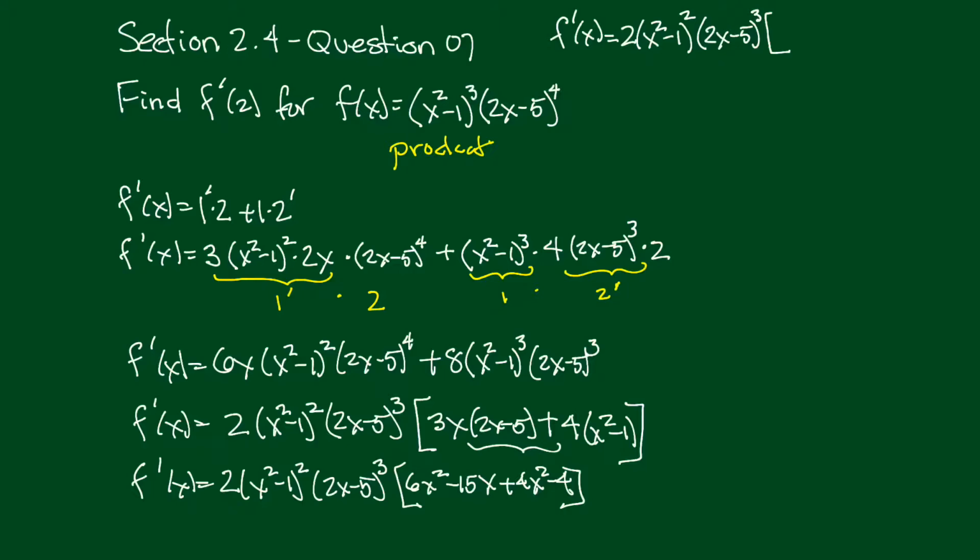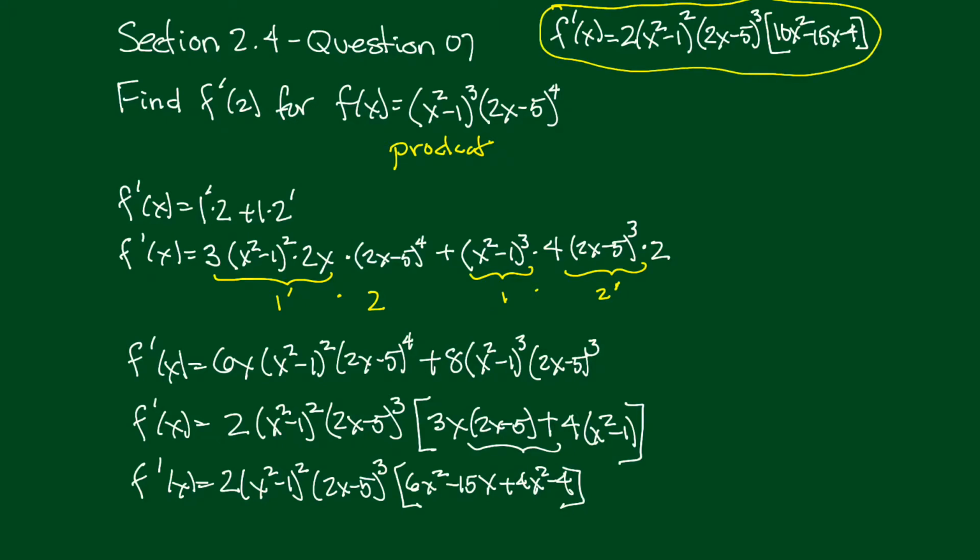Let's add it up. 6x squared and 4x squared is 10x squared. Then we've got a negative 15x and a minus 4. All right, so minus 15x minus 4. There is our derivative. I'll circle that so I don't lose it. There's our derivative, and now I just have to evaluate it at 2.